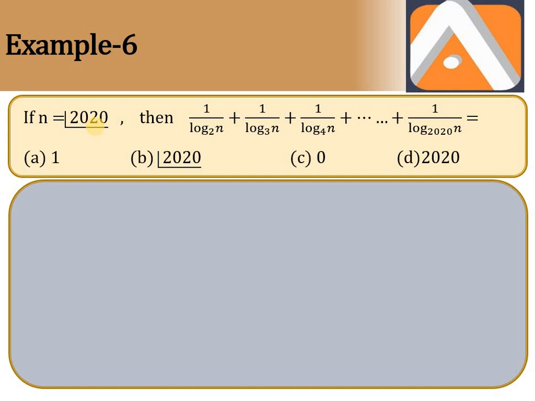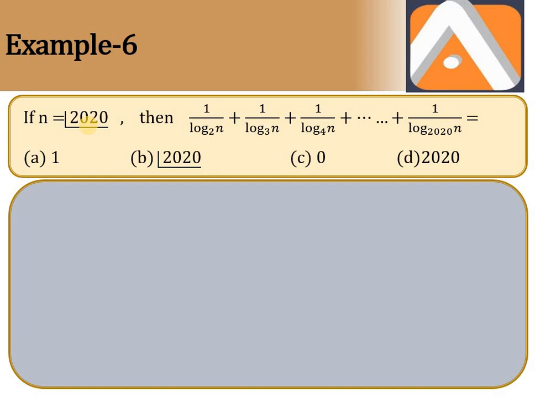If I take 6 factorial, 6 into 5 into 4 into 3 into 2 into 1. If I take 10 factorial, instead of writing in reverse, I am writing 1 into 2 into 3 up to so on till 10, the product till 10. Like here, 2020 factorial means 1 into 2 into 3 up to so on till 2020.